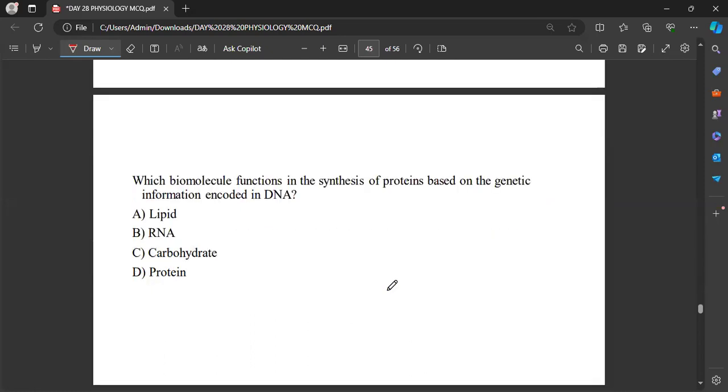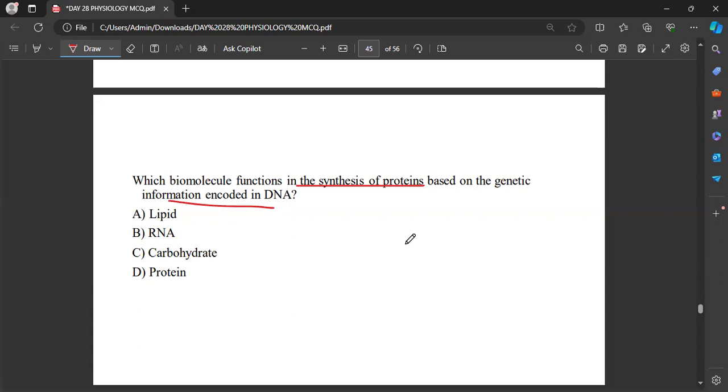Which biomolecule functions in the synthesis of proteins based on the genetic information encoded in DNA? Just think and answer this question.